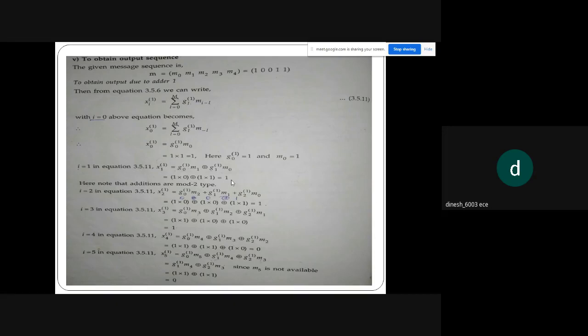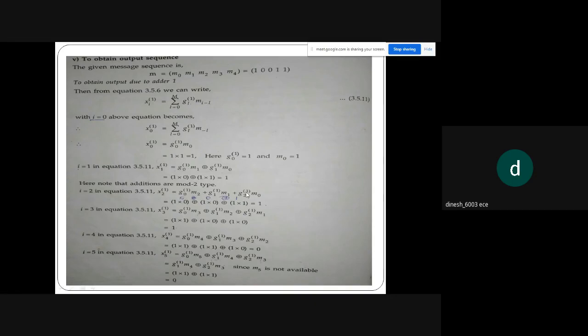Next is i is equal to 2. If I substitute i is equal to 2, I'll be getting three terms: g0 of 1 into m2, g1 of 1 into m1, g2 of 1 into m0.